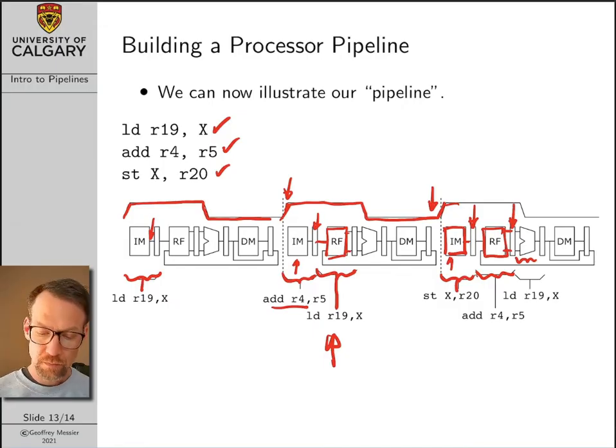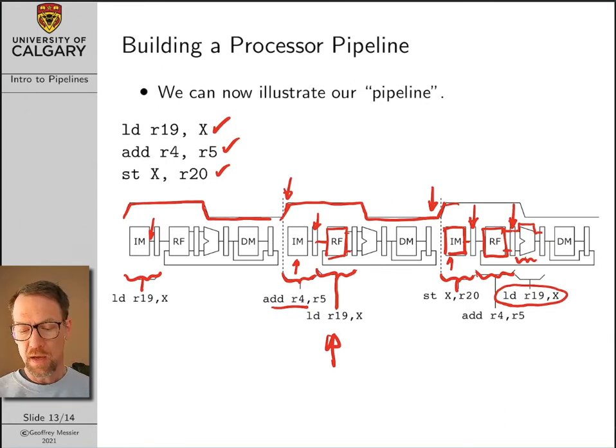Now, you'll note that our AVR load command actually doesn't require the ALU for anything, right? We don't really have an ALU component to our load command. And so this value is just going to bypass the ALU. However, we still need to allocate time for it just in case we're processing a command that does use the ALU.